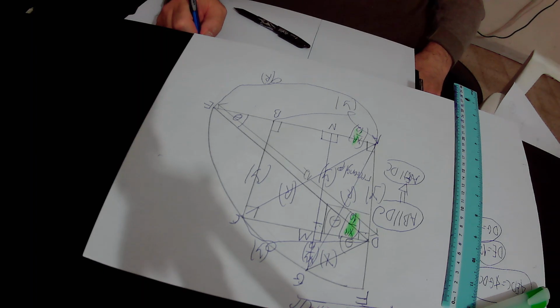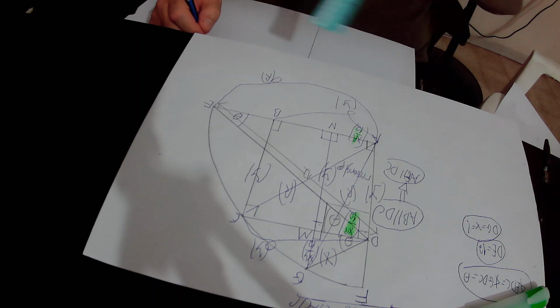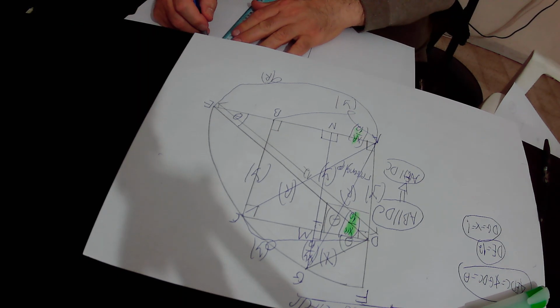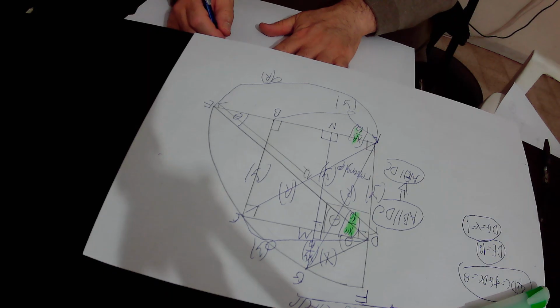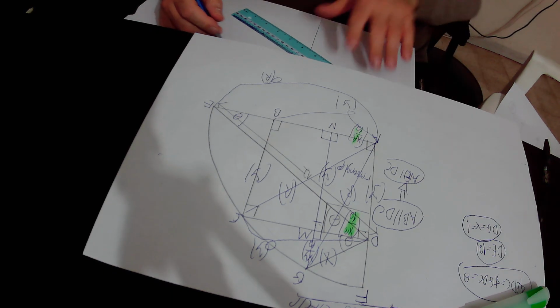So I repeat again the relation for the Pythagoras theorem. According to the Pythagoras theorem, in any right triangle, the square of the hypotenuse equals the sum of the squares of the perpendiculars.